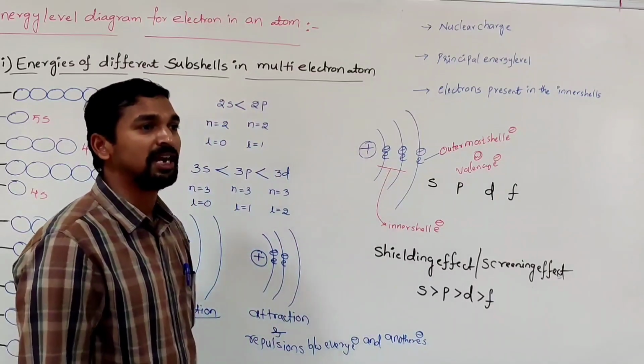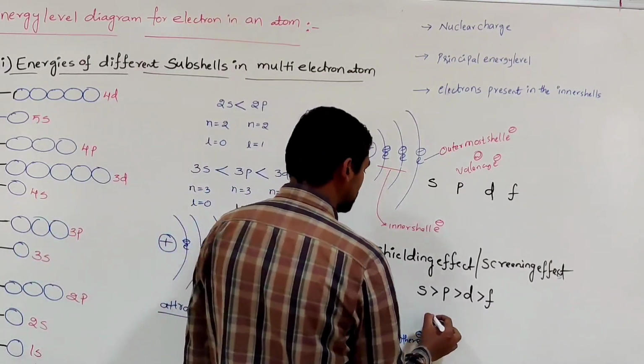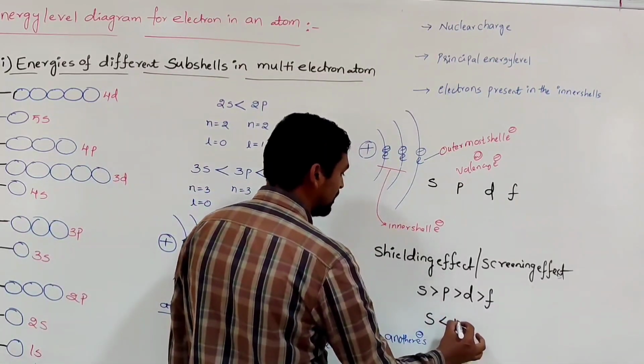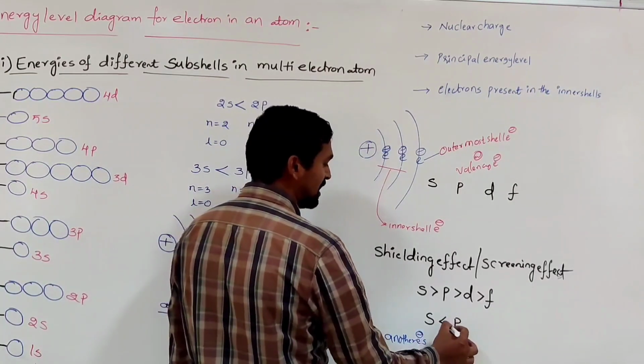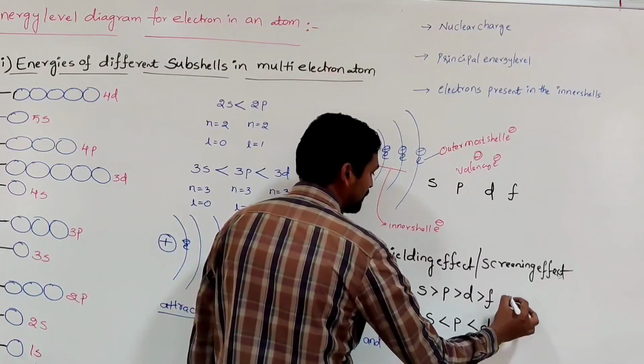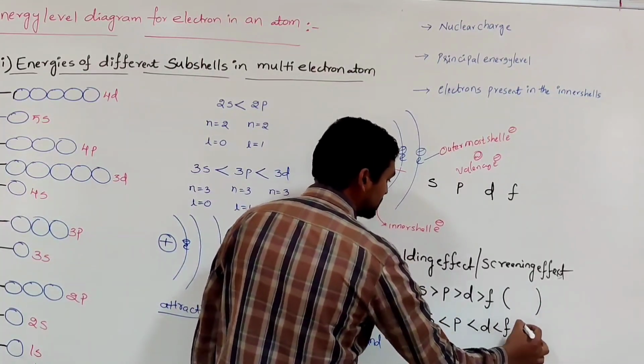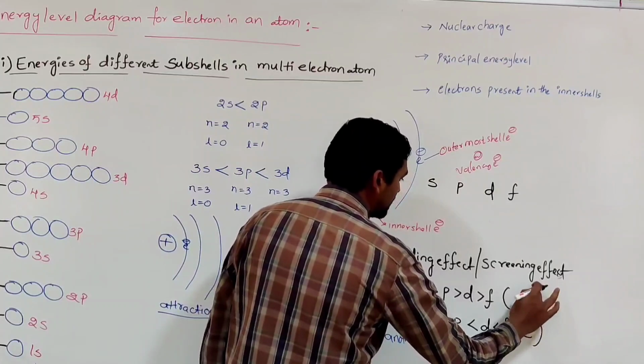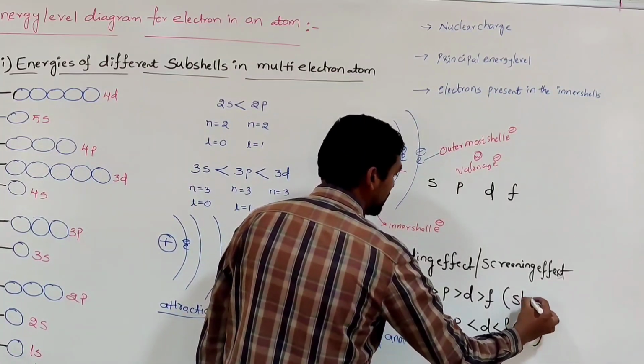Whichever is shielded more, that should have which one better? Less energy. That's why the S subshell always has less energy than P, than D, than that of which one? F. So this is the shielding power capacity, and this is the which one better? Energy. Shielding power.